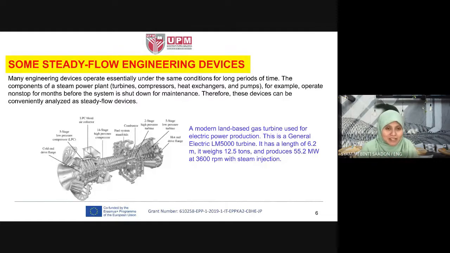Some of them remain separate until the end of the nozzle, and there are some that will be mixed. These two flows from the fan and from the core engine will be mixed before going into the nozzle.